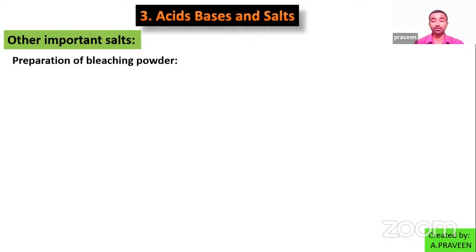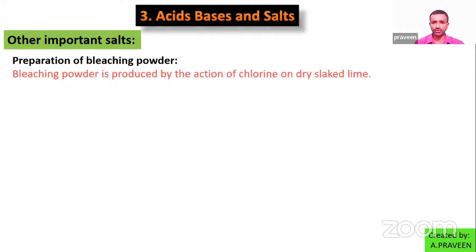Simply, bleaching powder is produced by the action of chlorine on slaked lime. So here, we produce calcium hydroxide, and it is somewhat wet. Calcium oxide plus water will give you slaked lime.